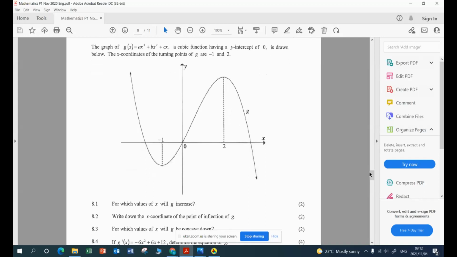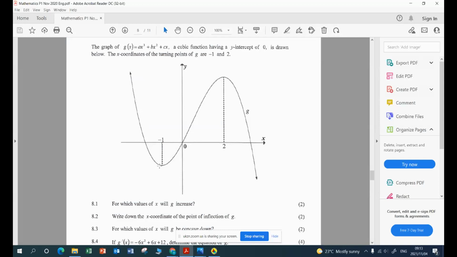For which values of x will g increase? Right. We usually start on the extreme left-hand side. You take a point on the graph, and as you come down, the y values decrease. And you see it'll go below the x-axis where the y values are negative.